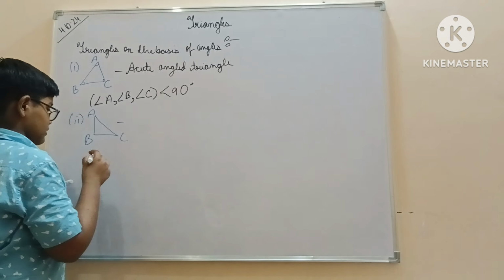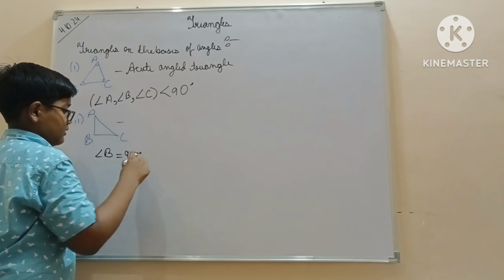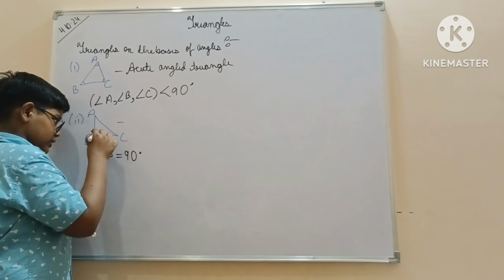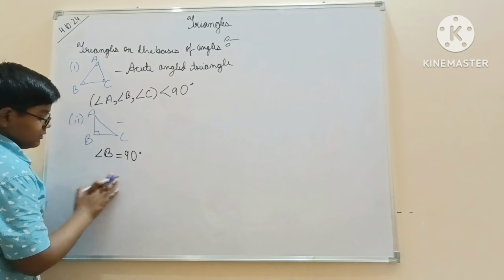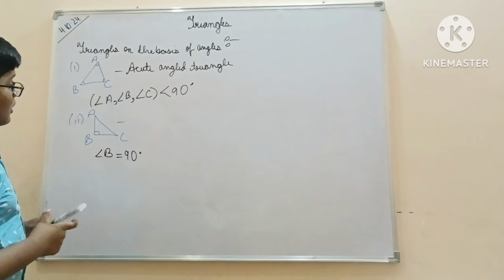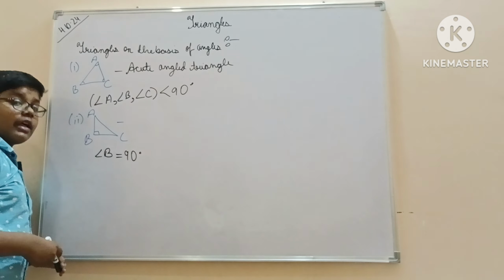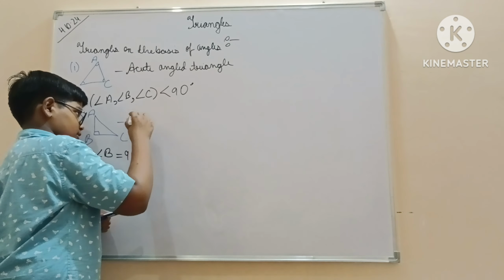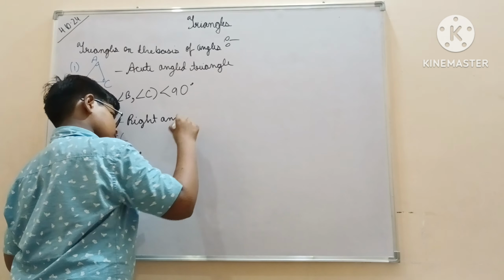As we can see, angle B is equal to 90 degrees, and 90 degrees is mostly denoted by this sign in a triangle, as I have made here. So this type of triangle is called a right angled triangle.